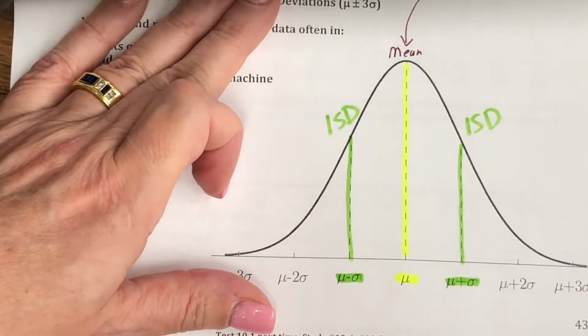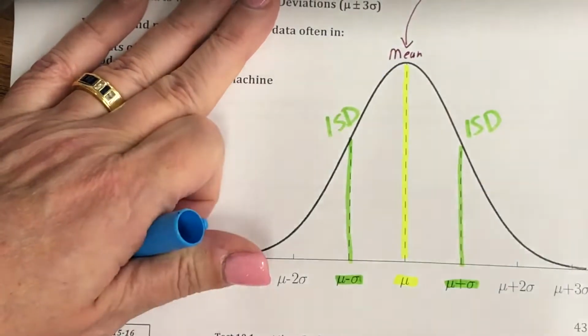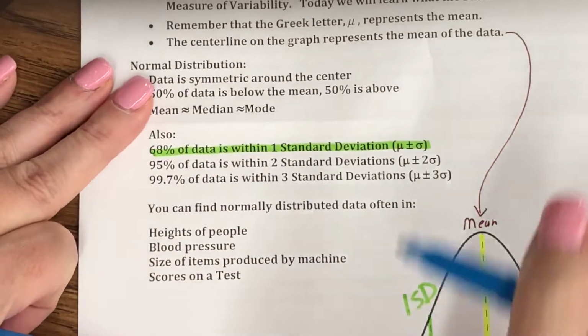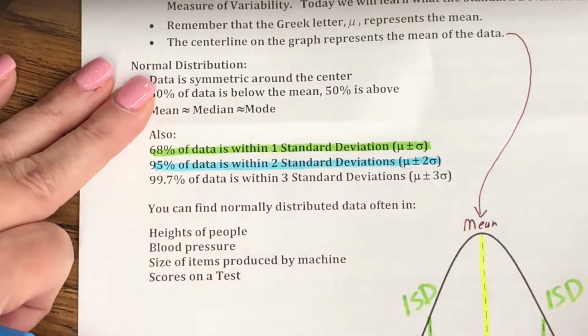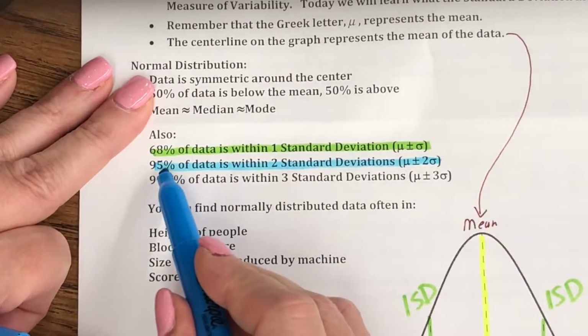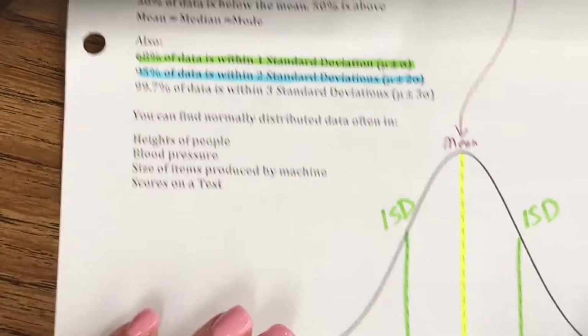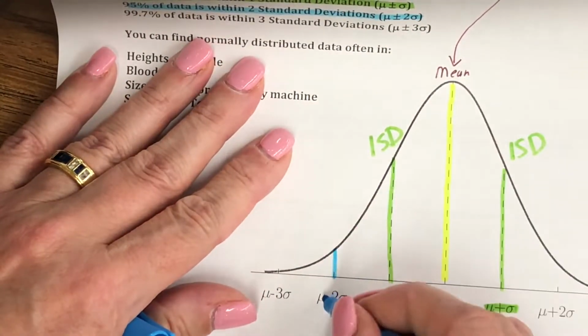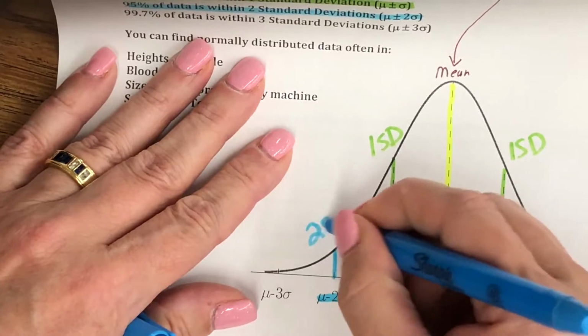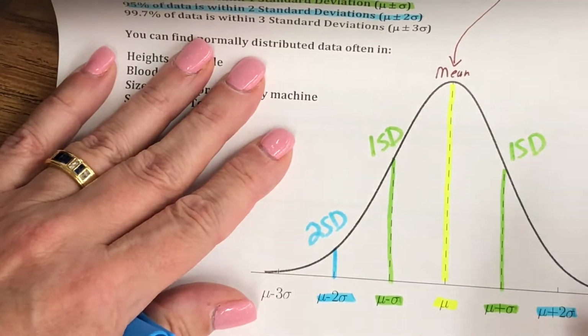Then we have two standard deviations. That is represented by mu plus 2 sigma and mu minus 2 sigma. That's 95% of the data within two standard deviations. So this is our second standard deviation on the left, and on the right, this is 2 standard deviations on that side.